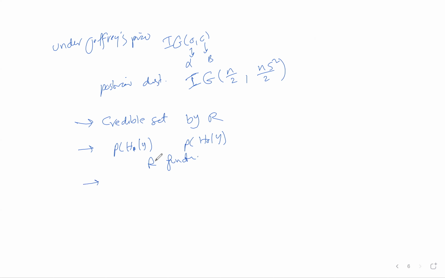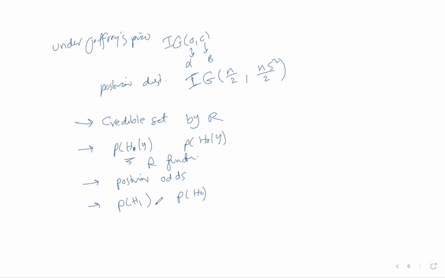And then you divide the probability of H1 given Y by the probability of H0 given Y, and you get the posterior odds. And also you can use the R function to get the probability of H1 and the probability of H0 before collecting data, using only the prior distribution.